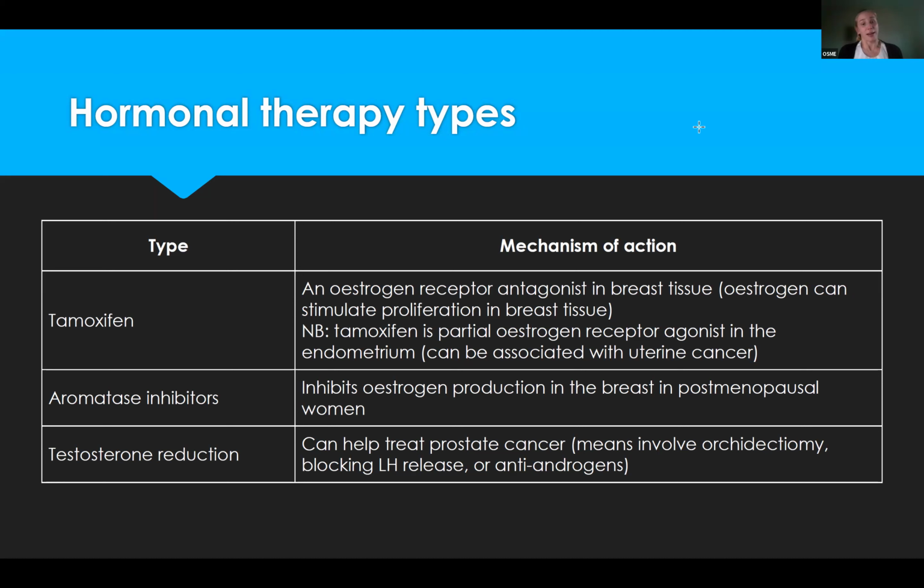But it can also be done in a pharmacological way, so you can block release of luteinizing hormone, which is the main stimulator for testosterone production in the testes, or you can use anti-androgens, so directly target the testosterone itself.